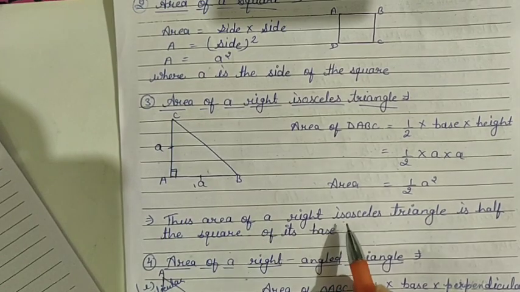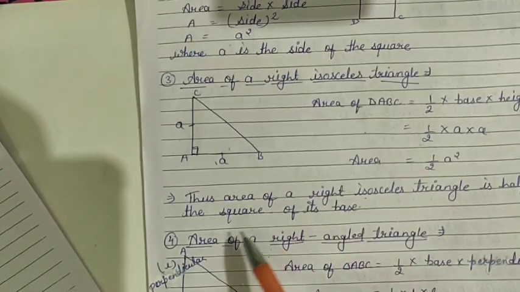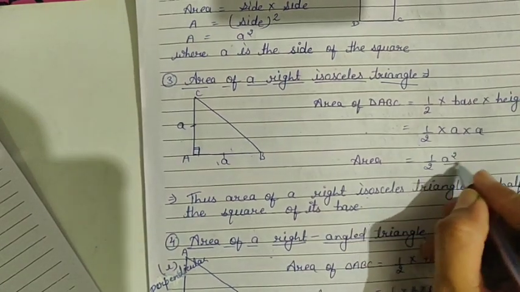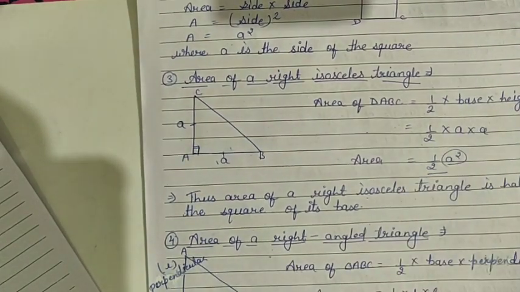Thus area of a right isosceles triangle is half of the square of its base.